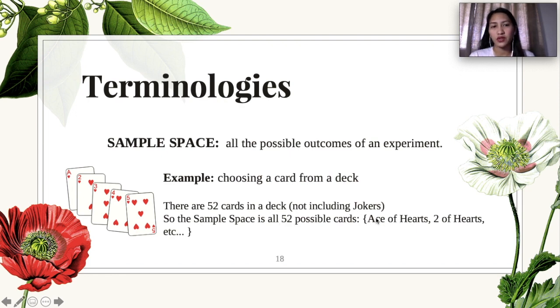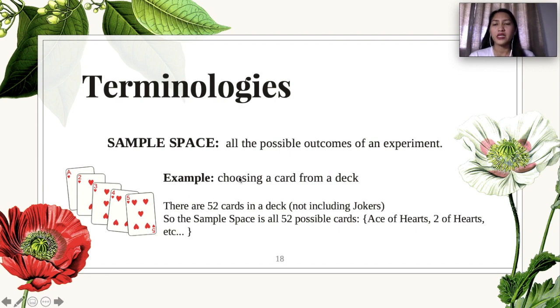It could be Ace of Hearts, 2 of Hearts, 3 of Hearts, 4 of Hearts, 5 of Hearts until 10 of Hearts, and then Jack of Hearts, Queen of Hearts, and lastly, King of Hearts. And then you're going to repeat the same thing with clubs: Ace of Clubs, 2 of Clubs, 3 of Clubs, and so on.